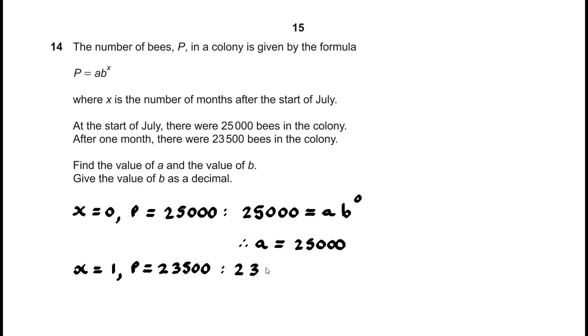So we have 23,500 equals A, which I know is 25,000, times B to the power of 1. So if I divide through by 25,000, B is equal to 23,500 divided by 25,000.